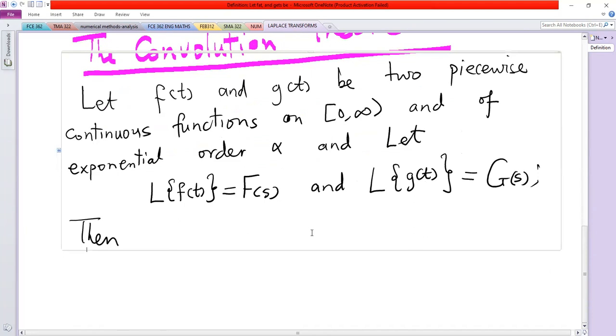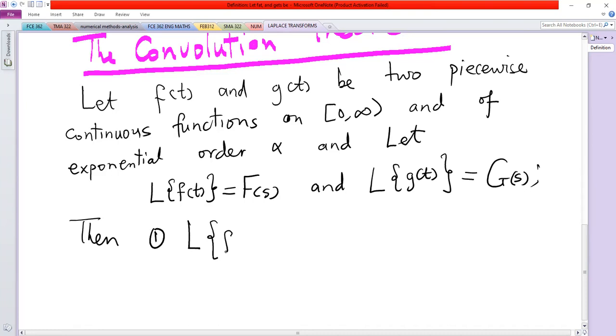there are two main results. One, if we take the Laplace transform of the convolution of f and g, actually this is a function of s, you get the product of the Laplace transforms of f and g.